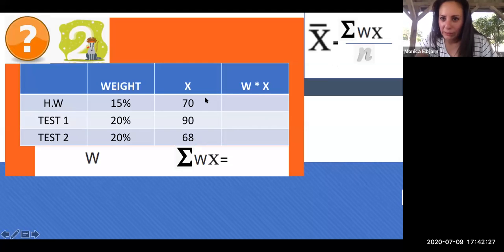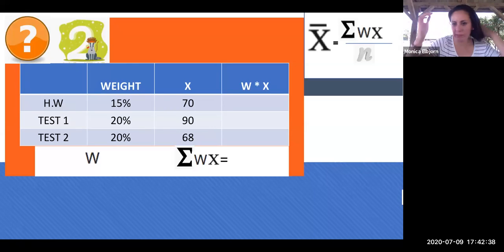So that's the formula. So in order to get your weighted average, remember we talked about there were different means or averages, depending if it's for a population, for a sample, this is for a frequency distribution, but it's basically the same. You add them all up and then you divide by how many there are.